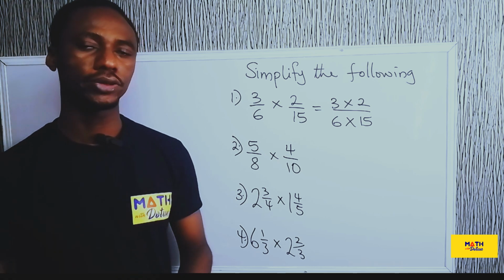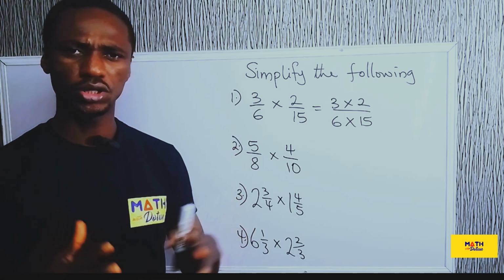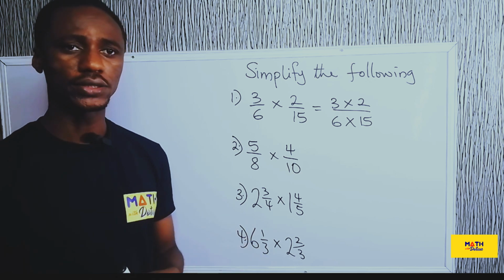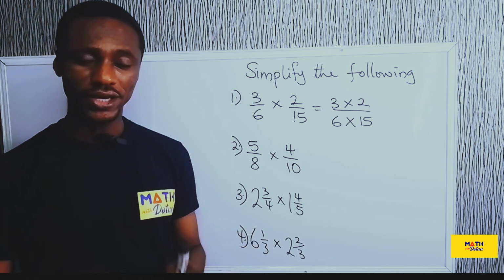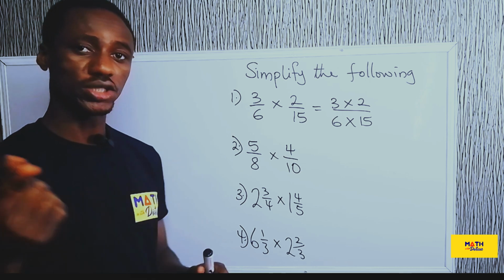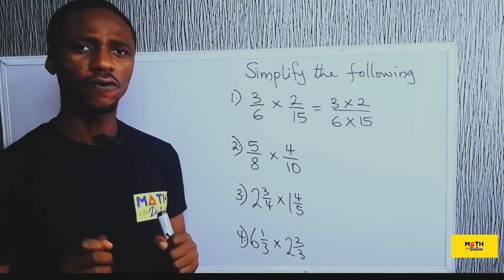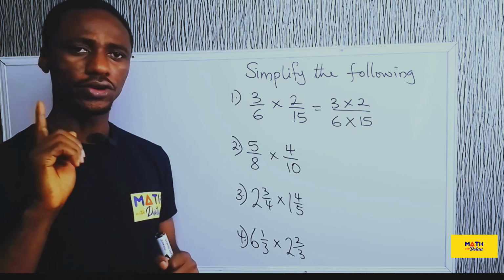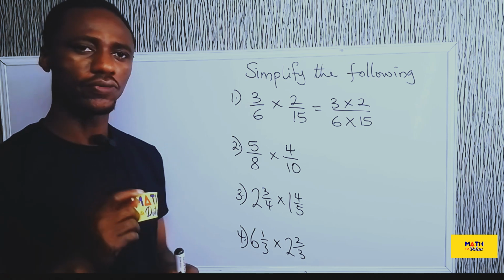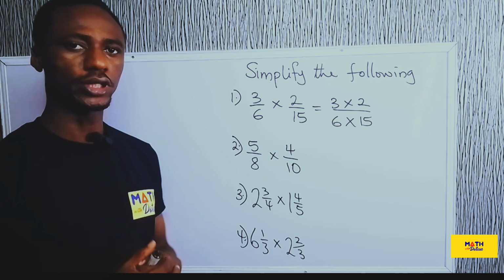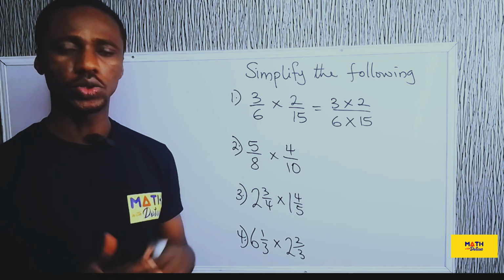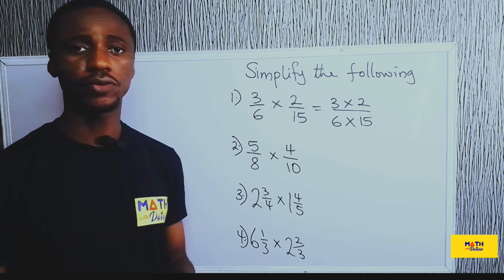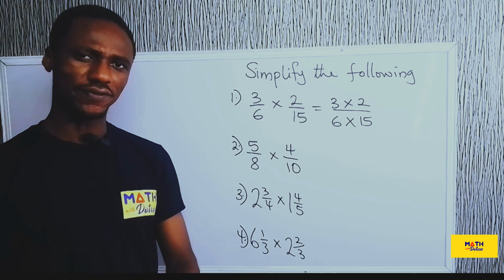But there's something you should check before you do your multiplication, especially when you're not using a calculator. One thing you should check before you do the straight multiplication is to check for common factors. Is there a number in the numerator that has a common factor with a number in the denominator? If there is, you can use the common factor or the highest common factor to reduce that fraction.